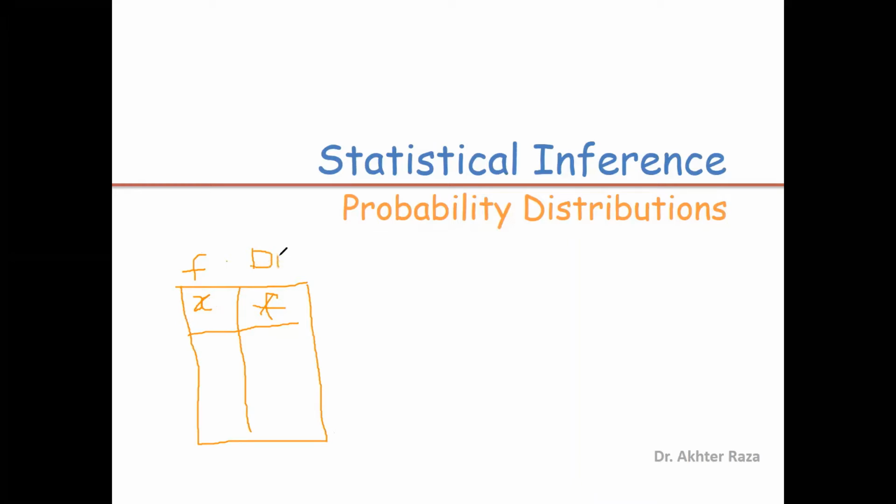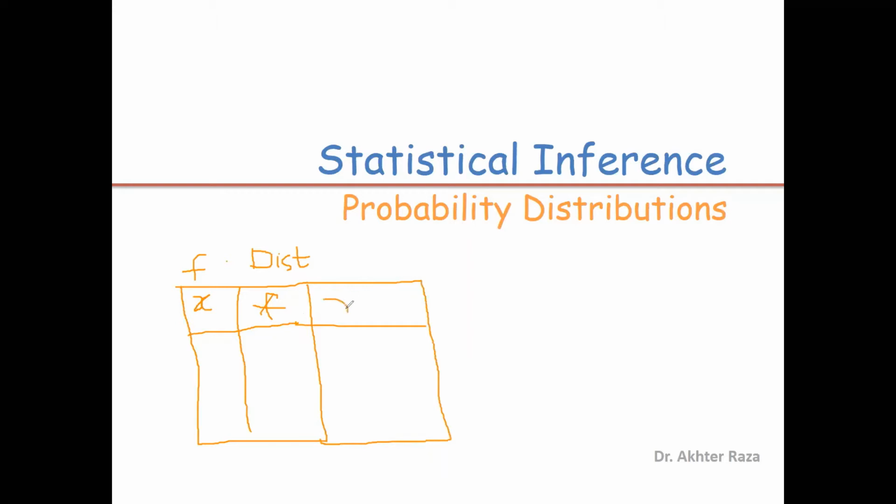In the same way, if we extend one more column here, that column is known as relative frequency. Suppose your frequencies are 2, 3, and 9.